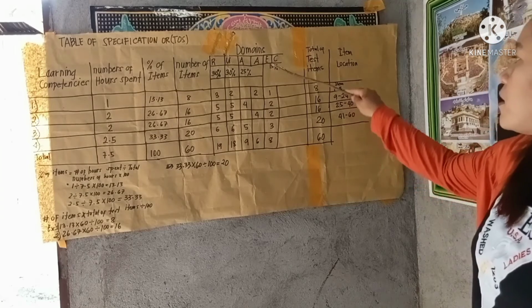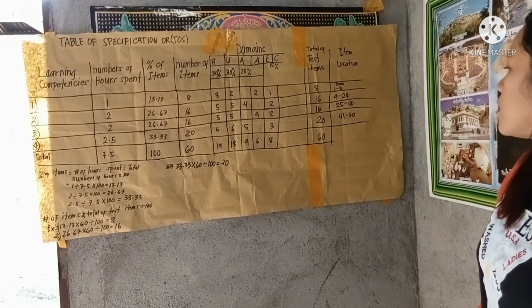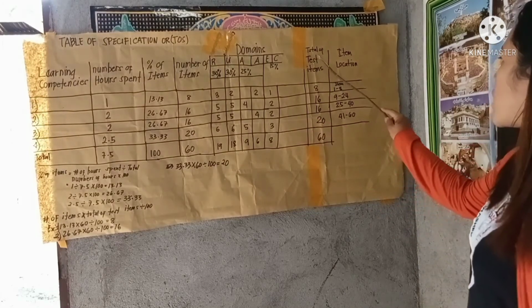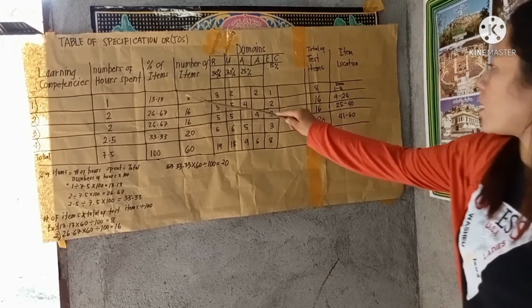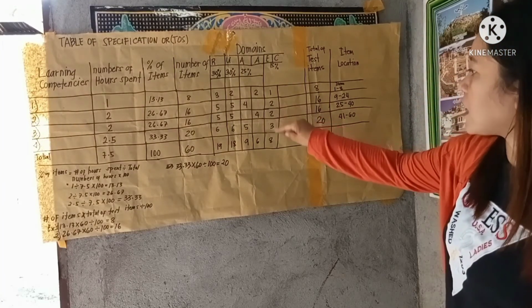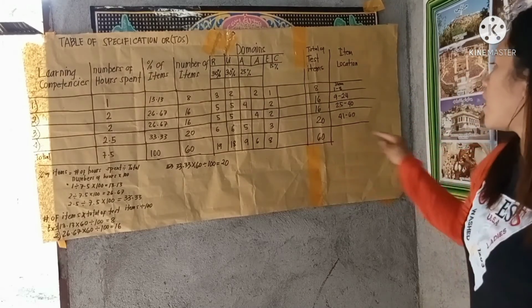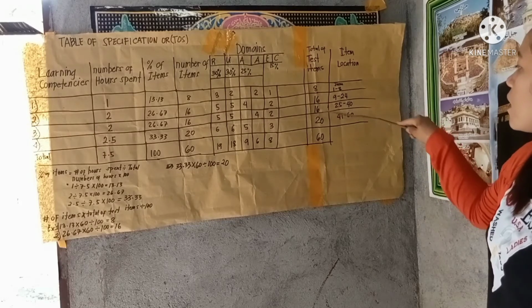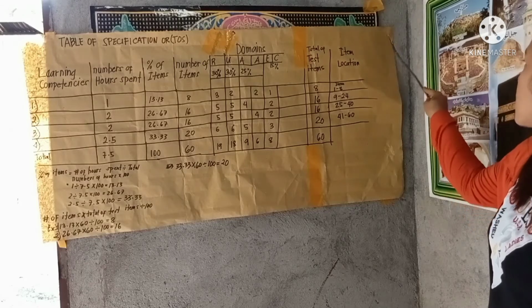And here, evaluation is 15%. So, the total of test items is, let us copy it here in the total of test items: 8, 16, 16, 20. So, the total is 60 items.